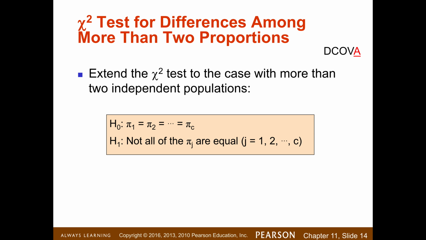So in that case, we would have that the proportion of Democrats who are left-handed equals the proportion of Republicans who are left-handed equals the proportion of moderates or other, I think I called it other, who are left-handed. And the alternative is just not all of the proportions are equal. So it reminds you a lot of the ANOVA case, except we're dealing with proportions instead of means.